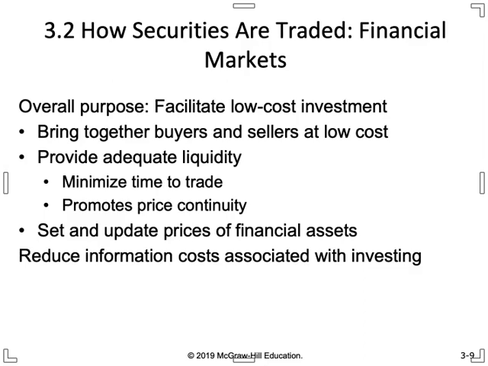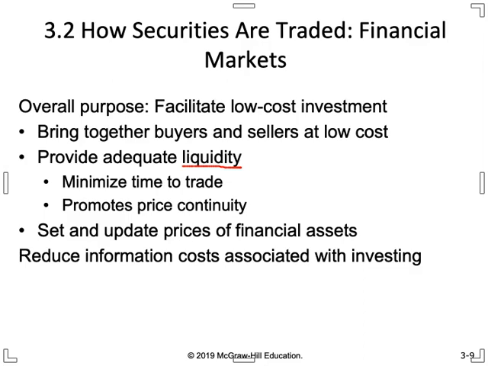First of all, the critical element of financial markets is liquidity, which means financial markets provide a ready place to buy or sell. Hopefully, there are always buyers and sellers available for you to trade with.